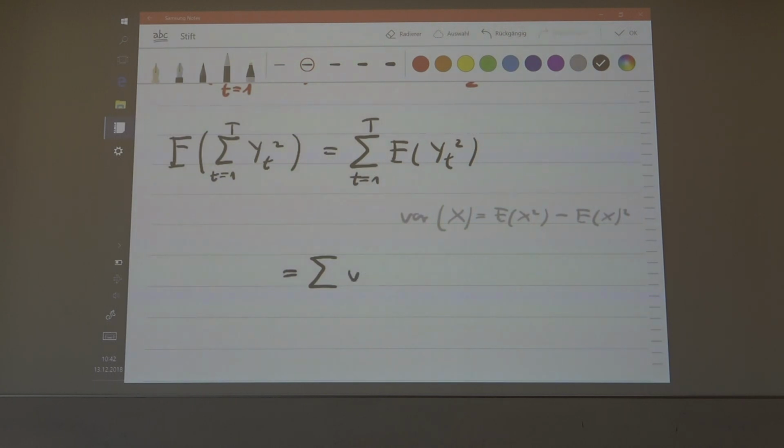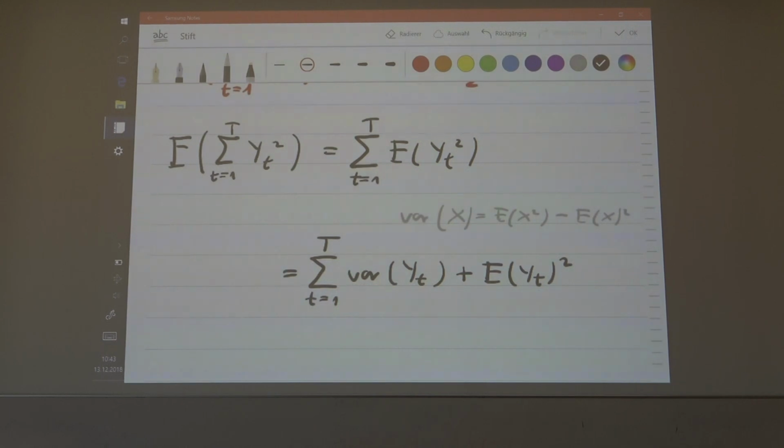So here you have the variance of the random walk plus the square of the expectation of the random walk, summed from t equal to 1 until capital T, of course.